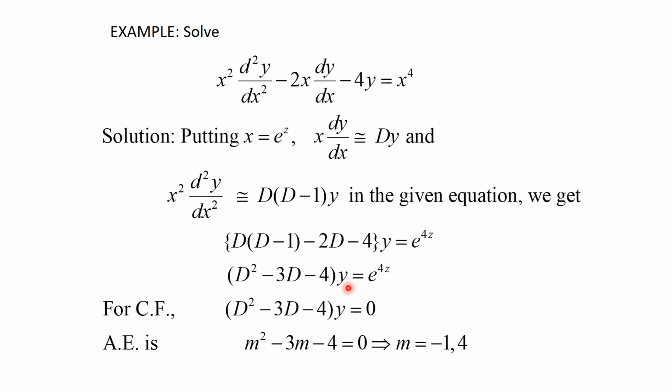For example, we have to solve the equation x^2 d^2y/dx^2 - 2x dy/dx - 4y = x^4. This equation is in the form of a Cauchy-Euler equation.